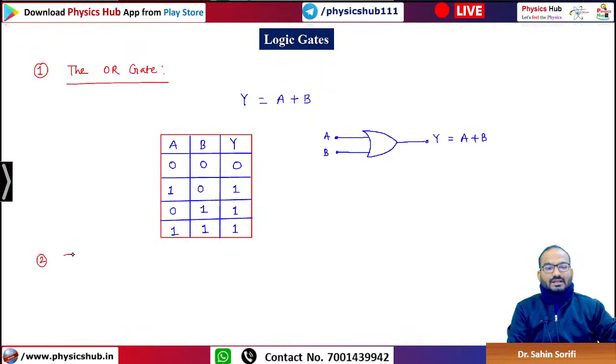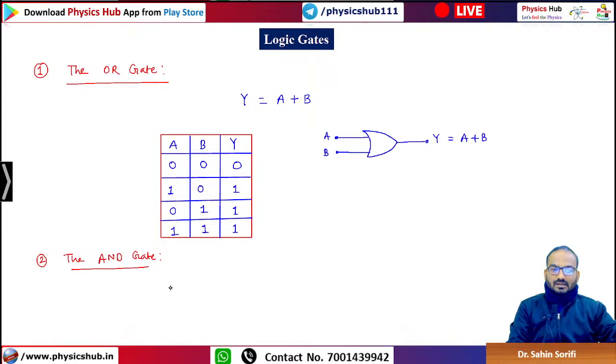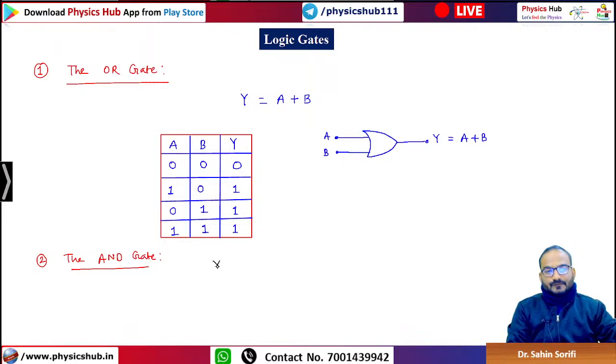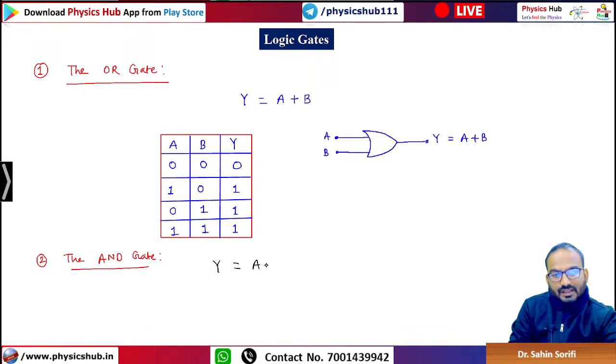Let's go for the AND gate. AND gate or the multiplication gate. Here the output Y is represented by A dot B.